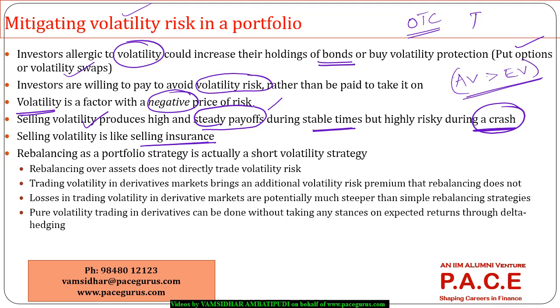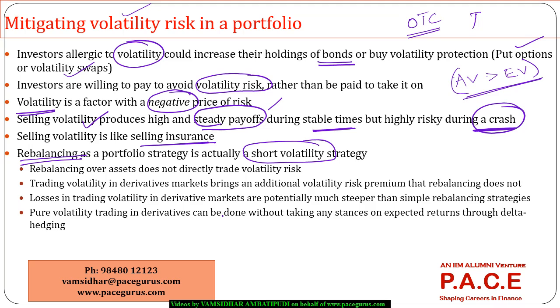Another example of selling volatility, a short volatility strategy, is the rebalancing of the portfolio, which also looks like selling volatility. When the volatility is much lesser and I keep rebalancing, I'm going to benefit more and more. But when the volatility is much higher and I rebalance the portfolio, I'm going to lose very badly.